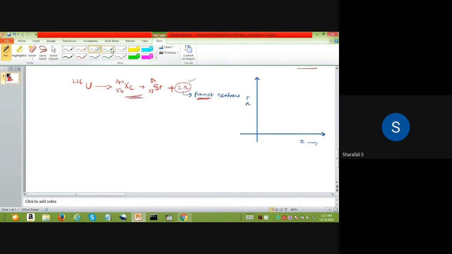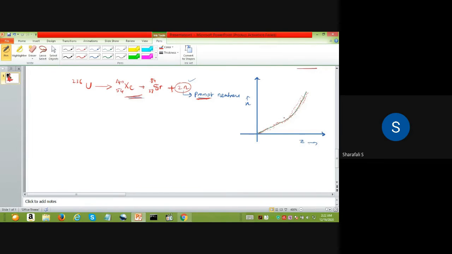This curve will give you some straight line initially, then when it goes higher, it will deviate from that. And if you consider this curve, you will have stable nuclei around this line, that we already discussed. We can say the stable beta nuclei will be around this line. So this is the N versus Z curve. This we already discussed before.